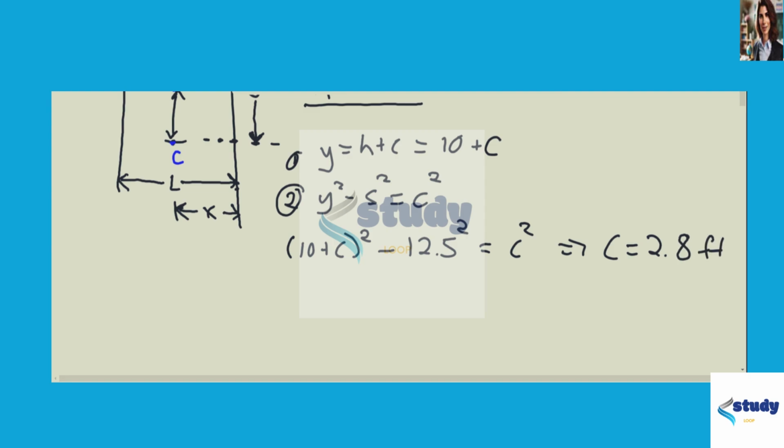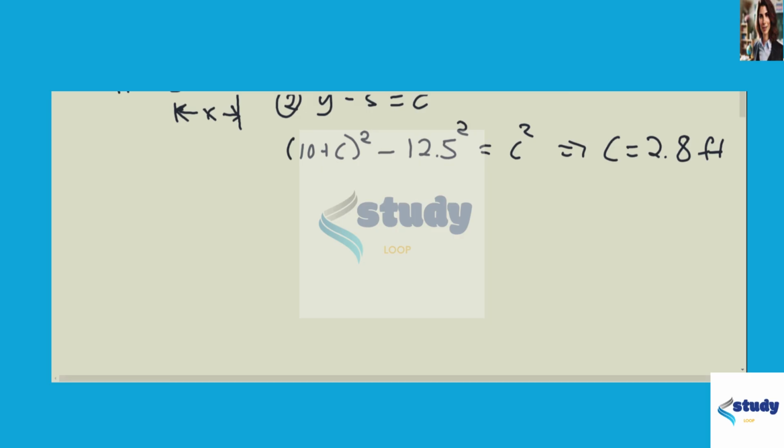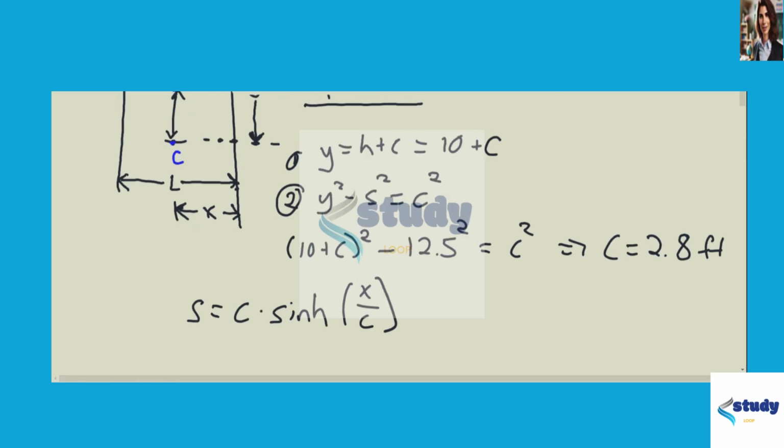So now using C, we utilize the equation S is equal to C times hyperbolic sine of x over c, which, if we go back to our diagram, we find that x is half of the total length between the 2 points.